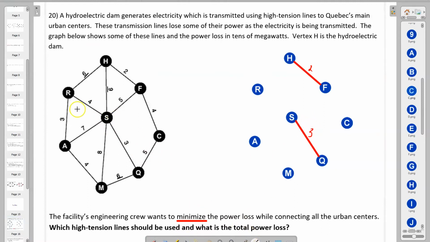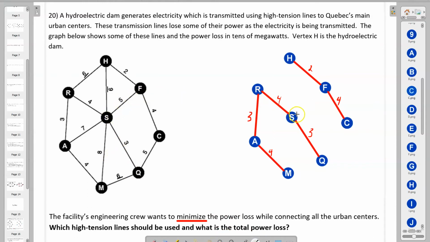I also notice that we've got R to A, which is also 3. We'll draw in that edge. Next smallest, 4, where we've got R to S, F to C, and A to M. They're all 4. So I'll start drawing those in. Next on the list is 5.